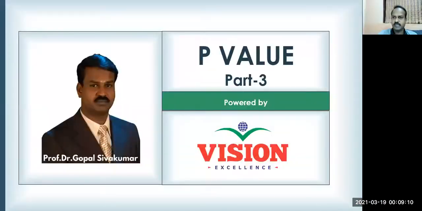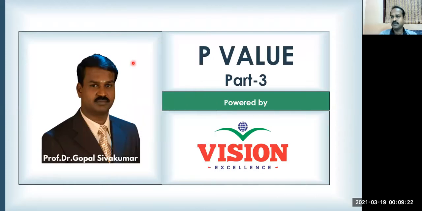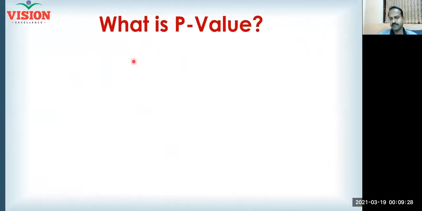I have shared my screen with you and I am going to explain how to calculate p-value for continuous data. P-value is often a complex topic, and I will try to make it as simple as possible for all of you. So what is basically p-value?